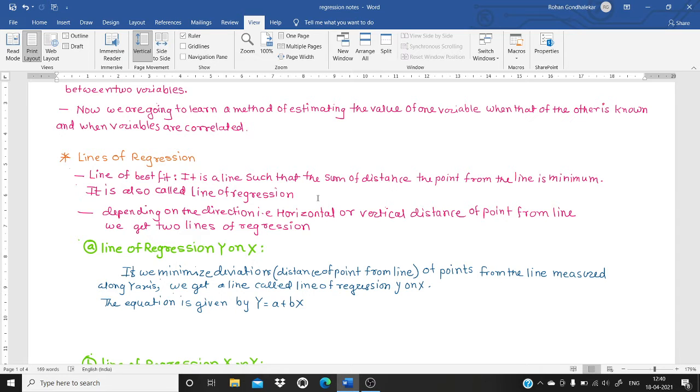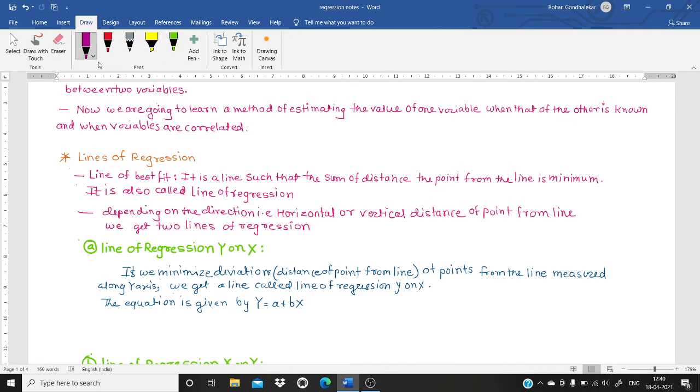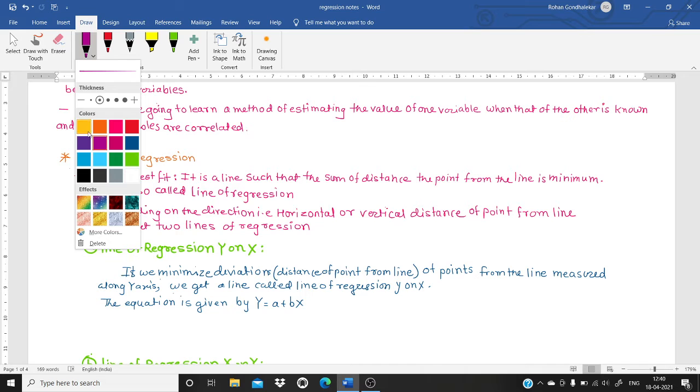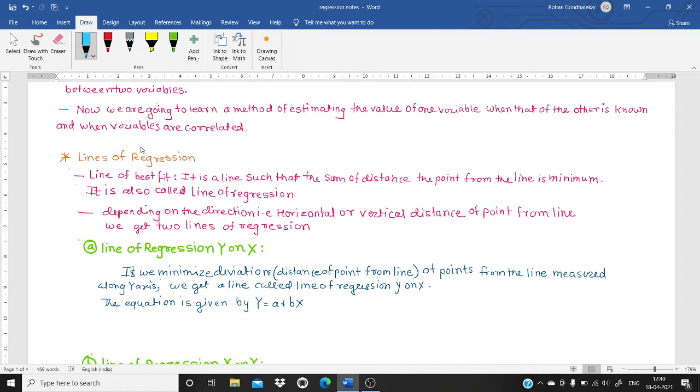See the definition. Line of best fit. It is a line such that the sum of distances of the points from the line is minimum. It is also called the line of regression. Now, what exactly will happen? Suppose I am having some data plotted along the x and y axes.